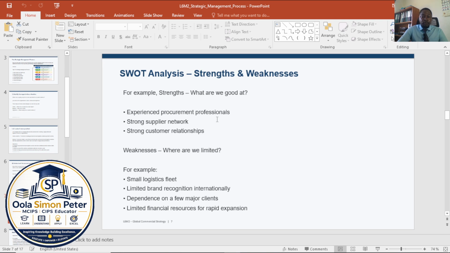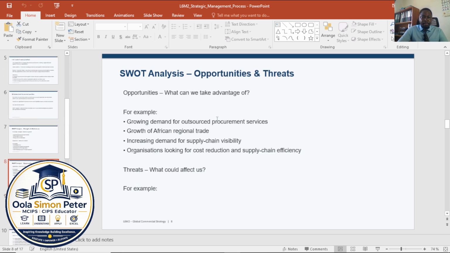Now, the SWOT analysis also offers opportunities. It helps us to see what can we take advantage of. For example, there is growing demand for outsourced procurement services. Many organizations right now actually need outsourced procurement services so that they can remain independent of the procurement process.